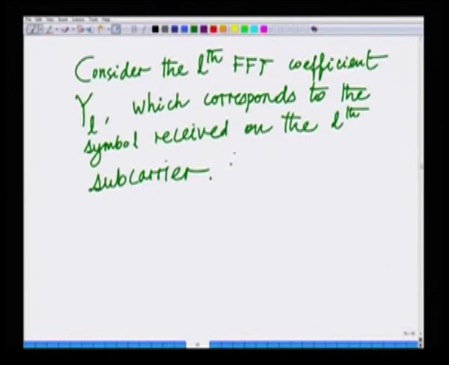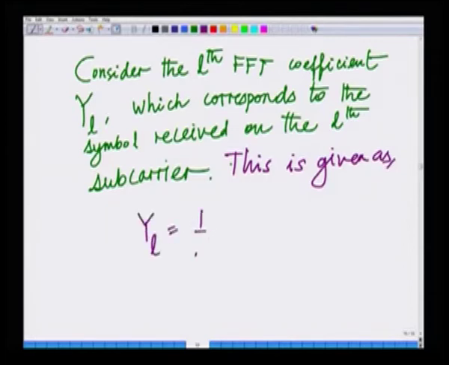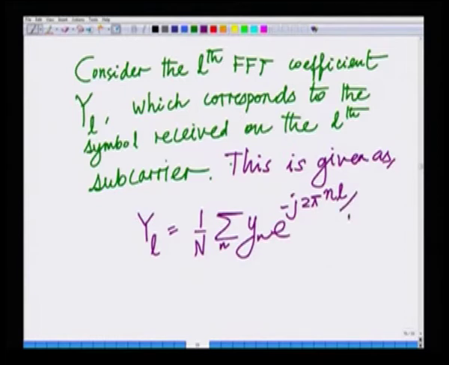This is given as Y L equals 1 over N summation y n e to the power of minus j 2 pi n L over N. This is nothing but the simple Lth FFT coefficient, that is, I am computing the FFT coefficient.